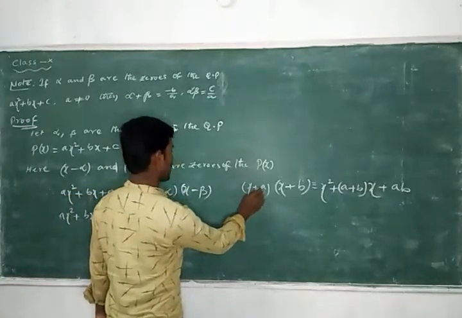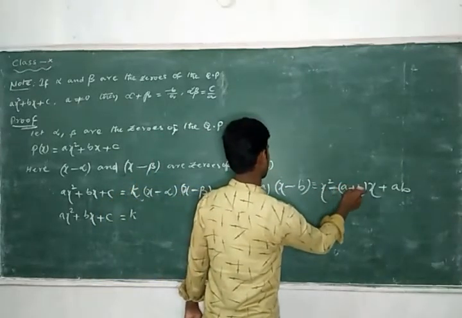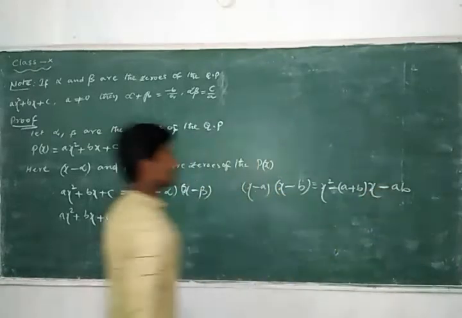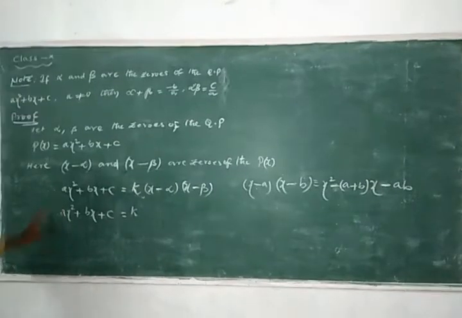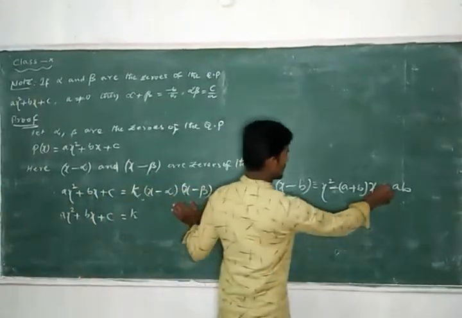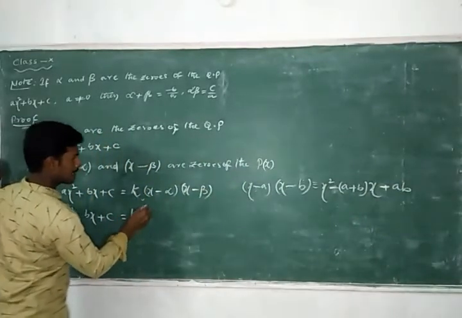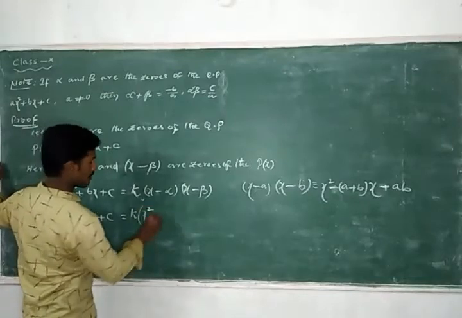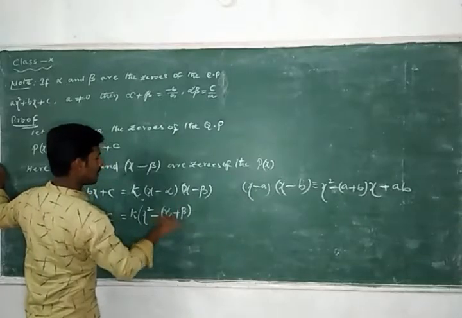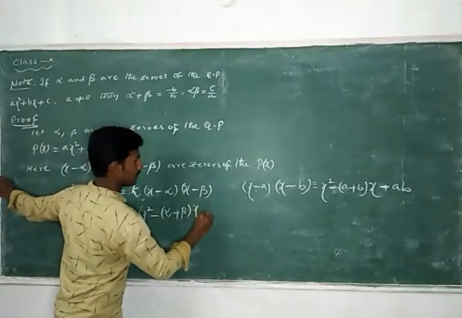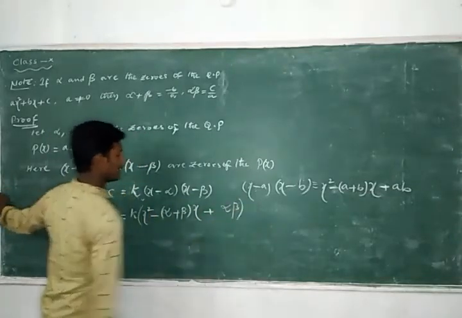Here with minus signs, x square remains x square, then minus alpha plus beta into x, then plus alpha beta, closing the bracket.